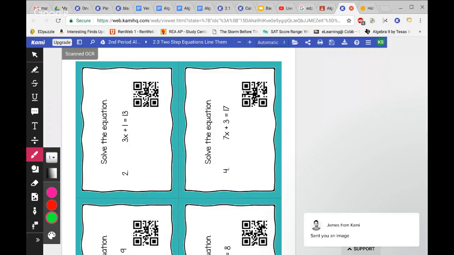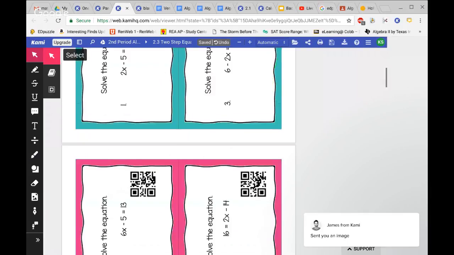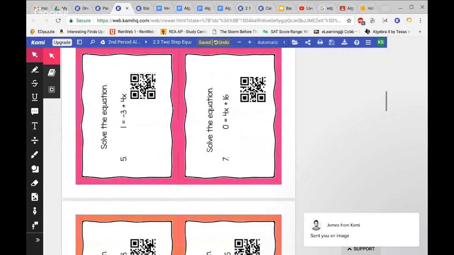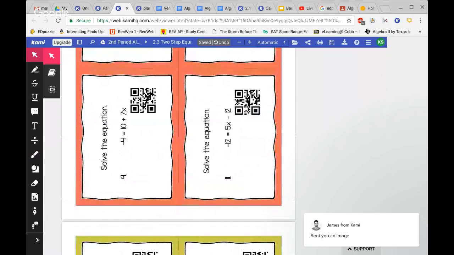Isn't it nice that they're like that? I tried so many different ways trying to get it right, but to no avail. Number 11, here we come. So negative 12 equals 5x minus 12.